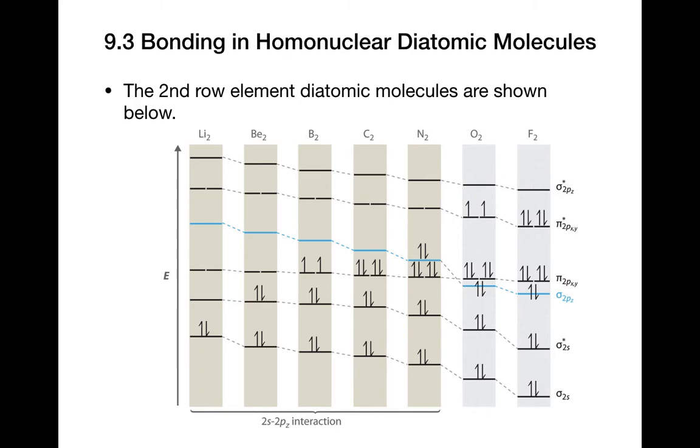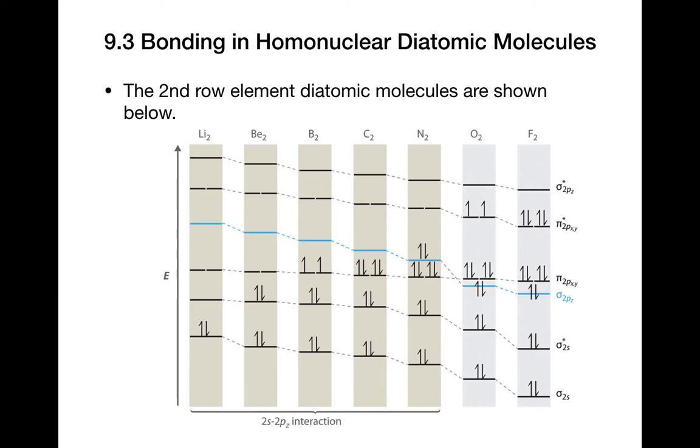In the lithium through nitrogen region, there's actually some interaction between the 2pz and the 2s, which causes the sigma 2pz, or I would have called it the sigma 2px, to be higher in energy.